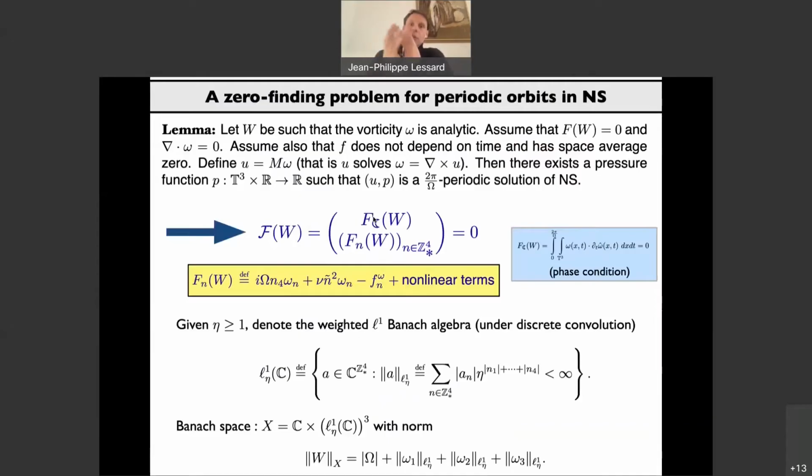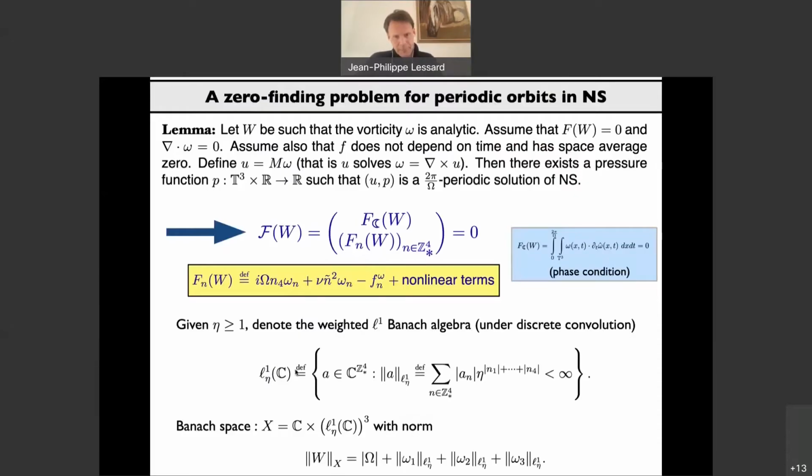First, W has 3 components because it corresponds to the Fourier coefficients of the 3 components of the vorticity. For each component of the vorticity, I'm going to think of the Fourier coefficients as living in a weighted L1 Banach space.